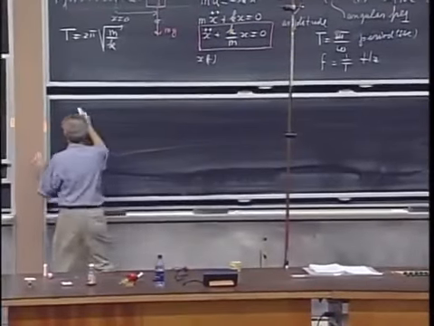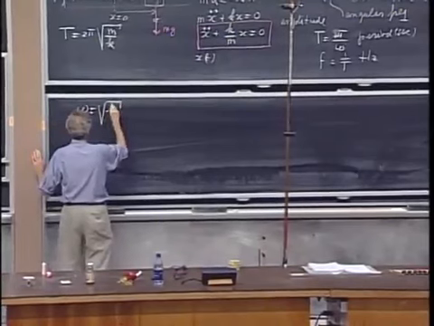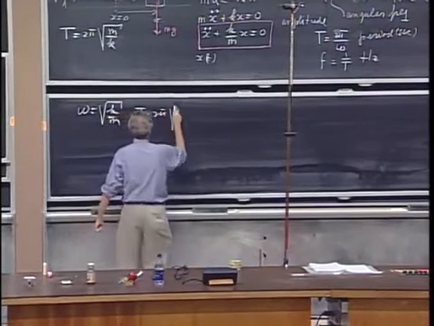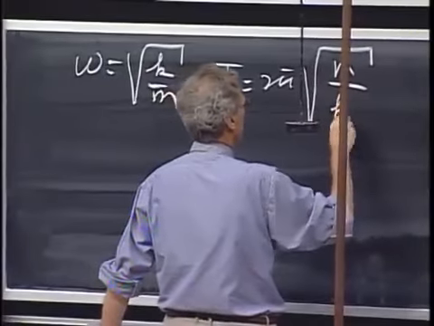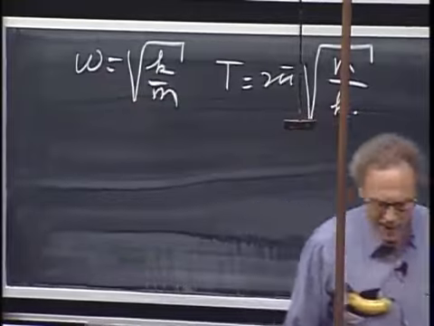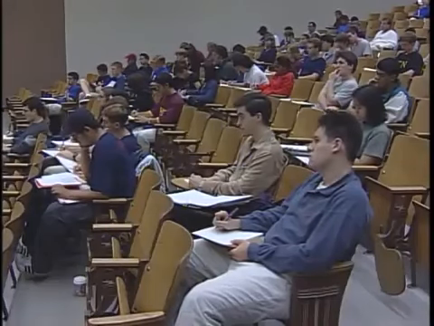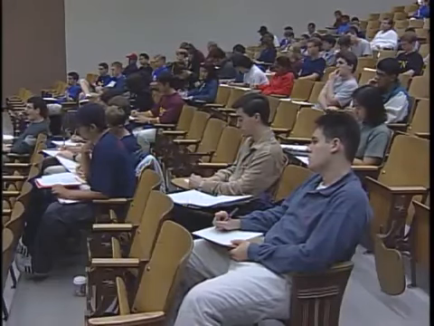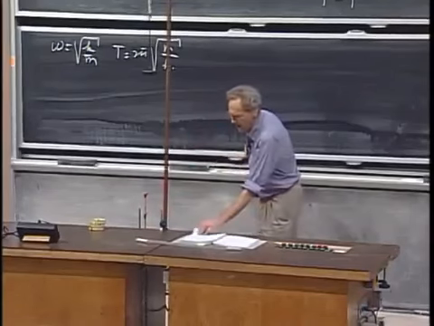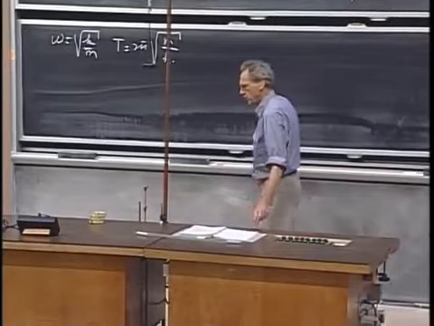So we have omega equals the square root of k over m, and the period is 2 pi times the square root of m over k. And what is really remarkable is that this is independent of the amplitude, and it's also independent of this angle phi, this phase angle.